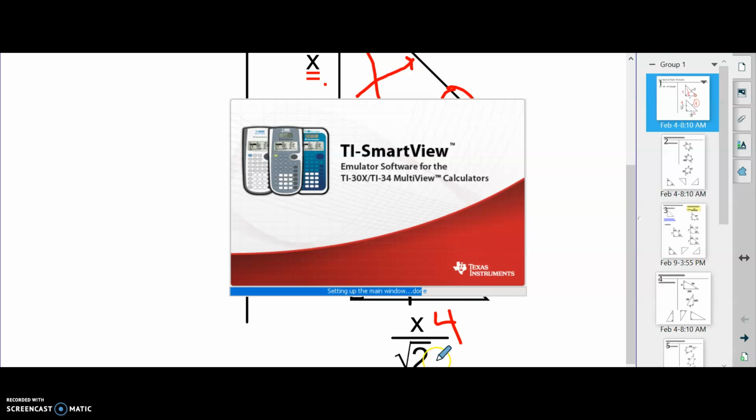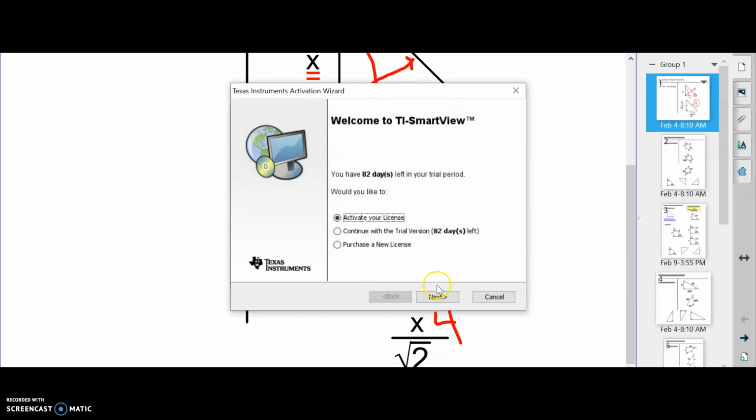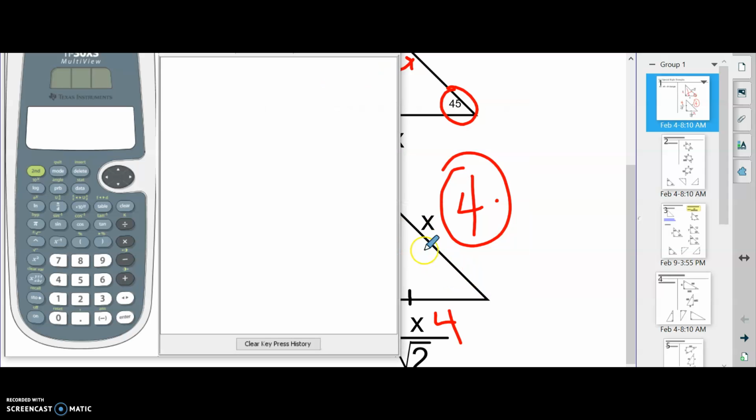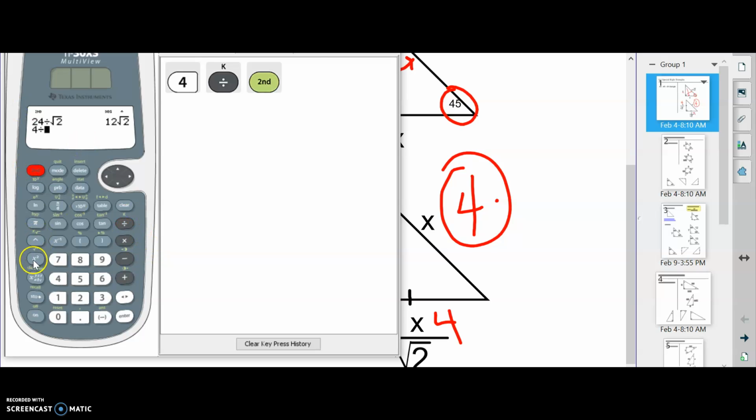So I'm opening my calculator. This is the one that I had. I'm going to just continue with my trial version. So it's going to be 4 divided by square root 2. And my calculator says it's 2 square root 2.